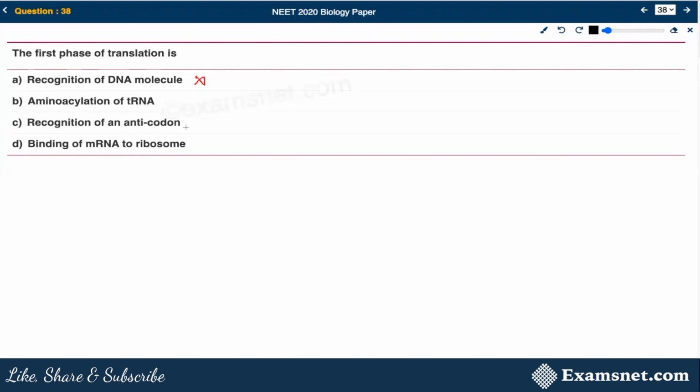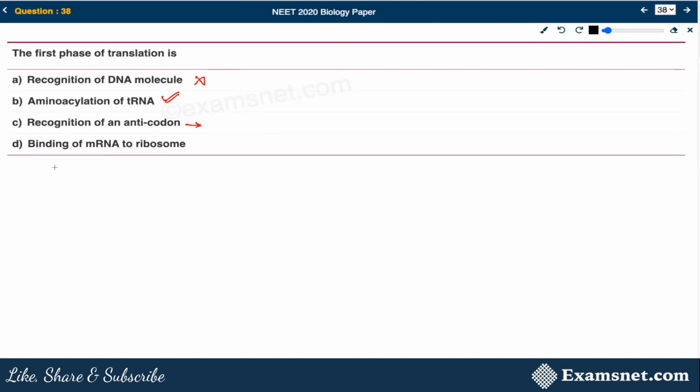Recognition of an anticodon is done later on. This is a later phase. And binding of mRNA is also a later stage feature. So the very first important phase of translation is to charge the tRNA, that means transfer RNA, with the amino acids, which is called the amino acylation of tRNA.